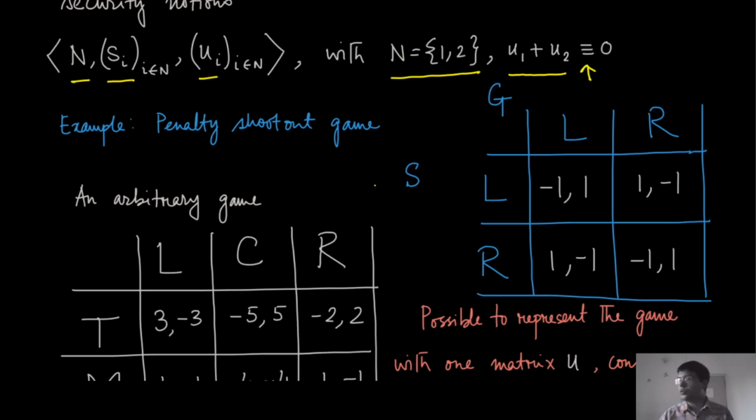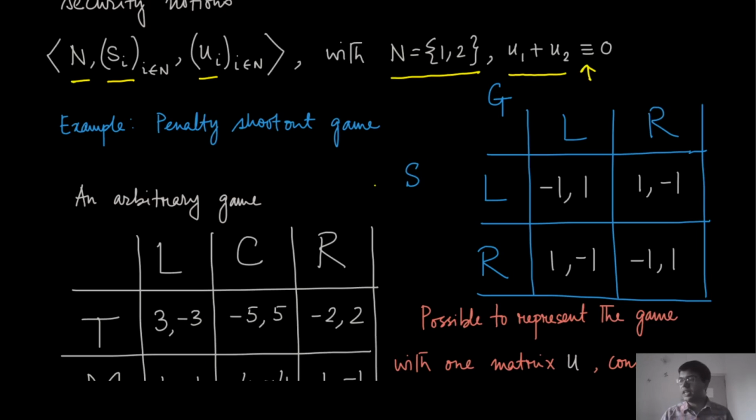The penalty shootout game, which we looked at last time, I have reduced some of the strategies. Instead of the center strategy, both the shooter and the goalkeeper now have only two strategies: the shooter can shoot on the left or the right, and the goalkeeper can only dive on the left or right.